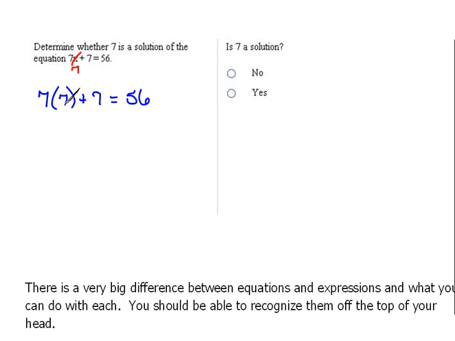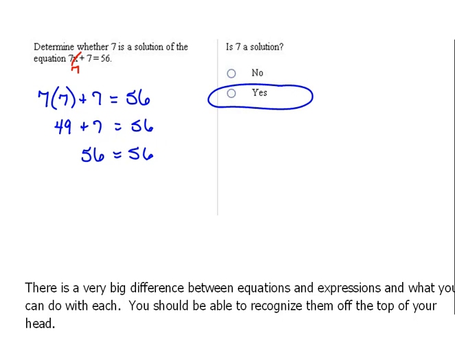So let's see, 7 times 7, that comes before addition, would be 49, plus 7 equals 56. And now 49 plus 7 would be 56. So that is actually a true statement. So yes, 7 is a solution there.